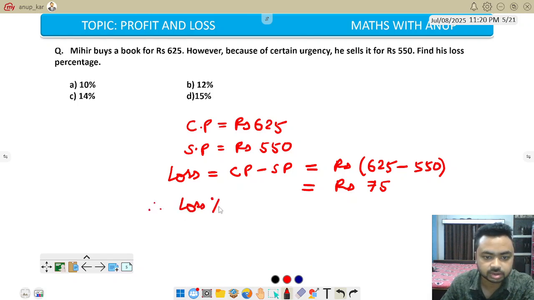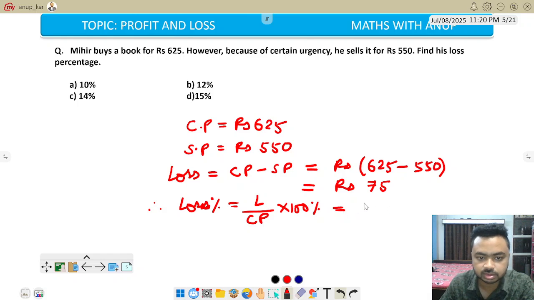Okay. So therefore loss percentage equal to loss upon CP into 100%. So which is equal to loss is 75 and my cost price is 625 into 100%. Okay.